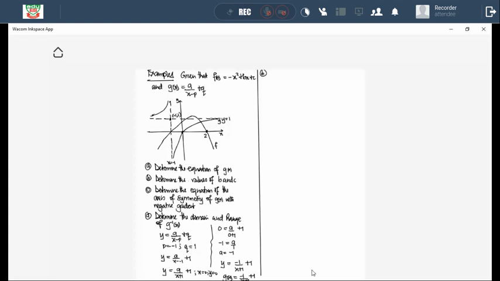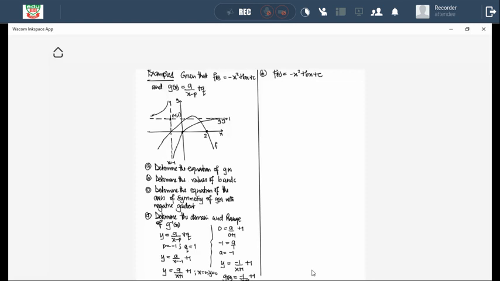Looking at b, determine the values of b and c. If you look at b and c, they are parameters that are coming from f of x. In fact, they are constants that are deduced from f of x. Your f of x is equal to negative x squared plus bx plus c.